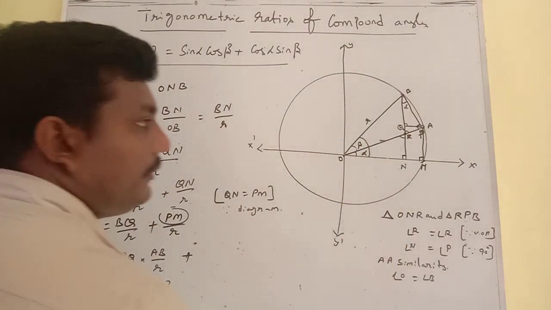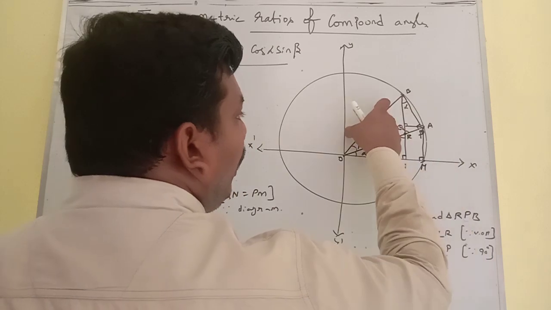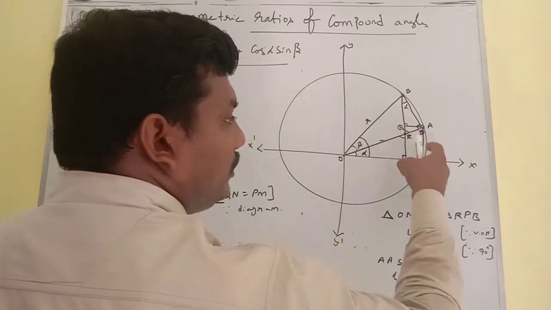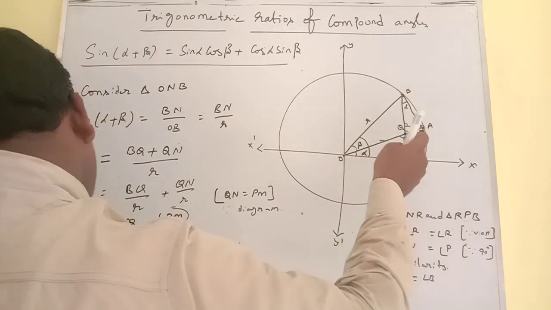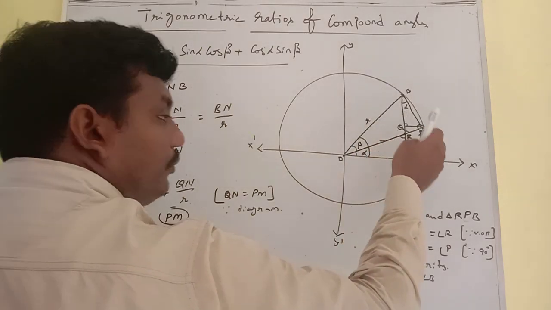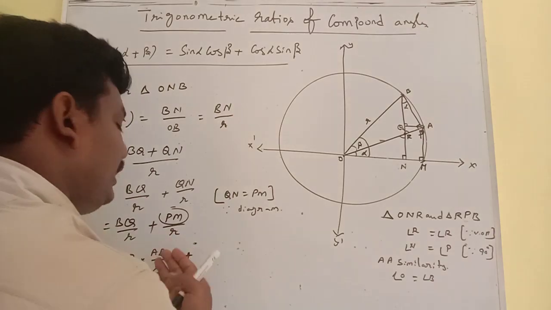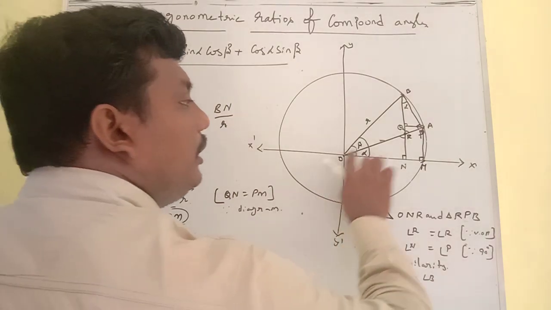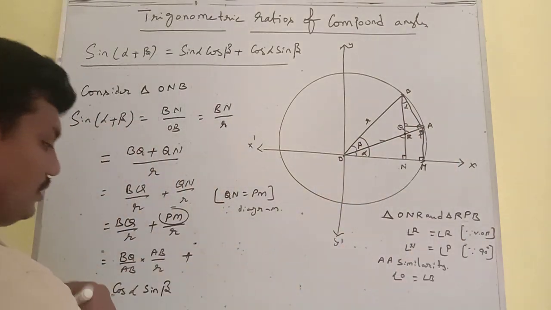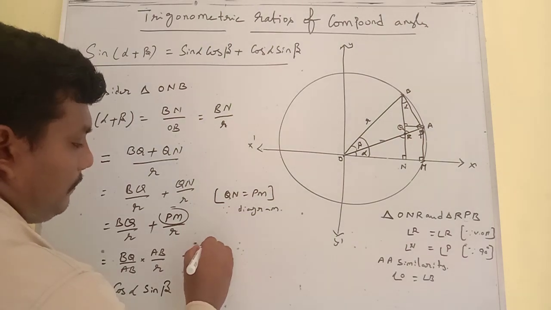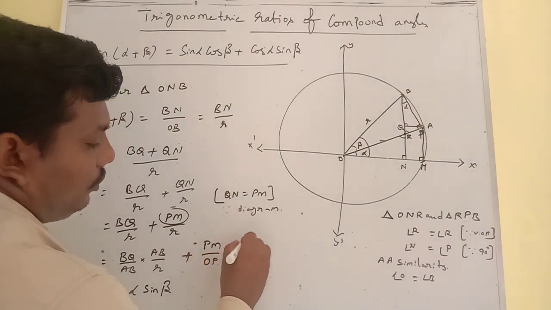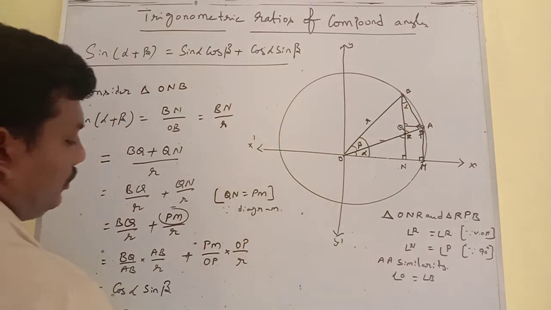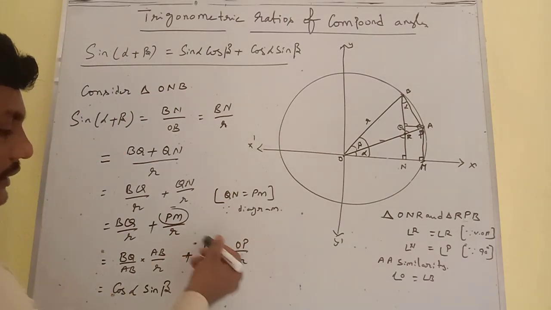There is no triangle between PM and R, so to make this ratio meaningful we multiply and divide with OP. That is PM by OP into OP by R. Now OP gets cancelled, then PM by R.